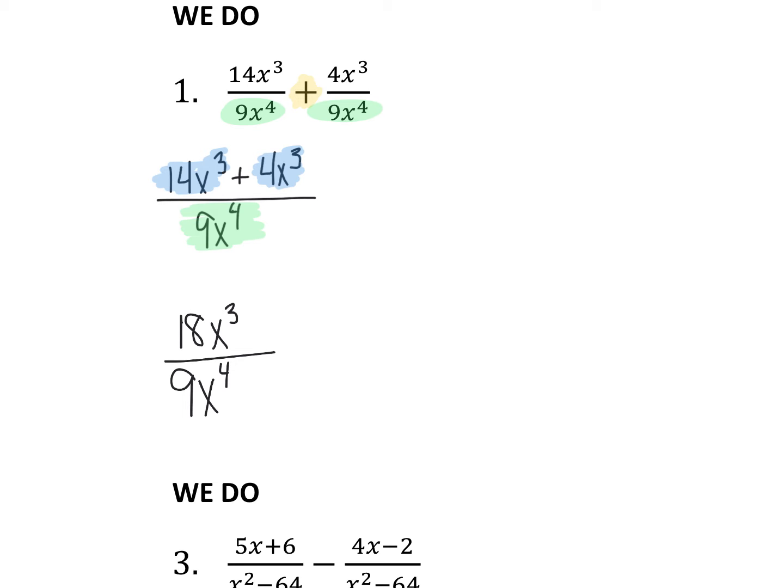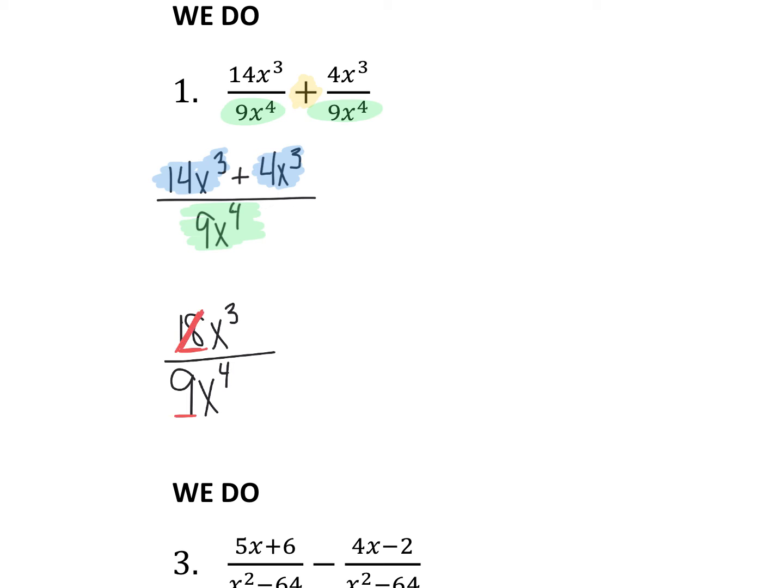Now, a lot of people in the first test said that they were done here, but you are not. You need to make sure you simplify. If I'm going to simplify, first I want to look at my numbers. I have 18 over 9, and I ask myself, do these numbers have anything in common? Yes, they do. 9 goes into both of them.